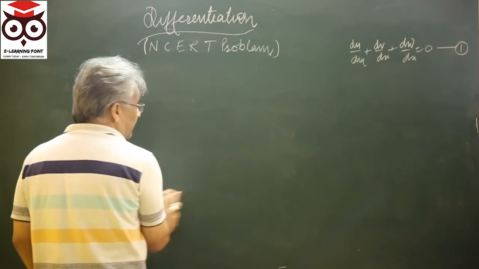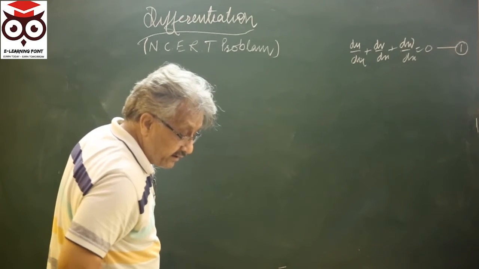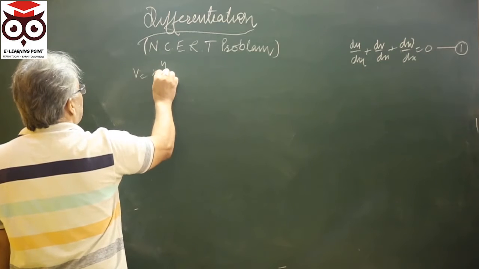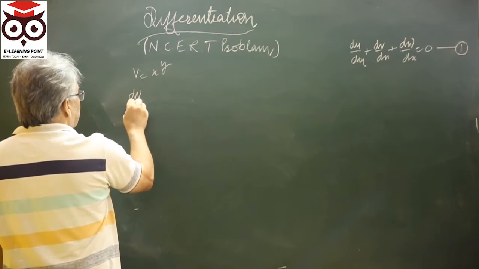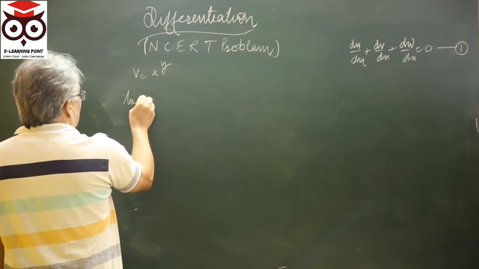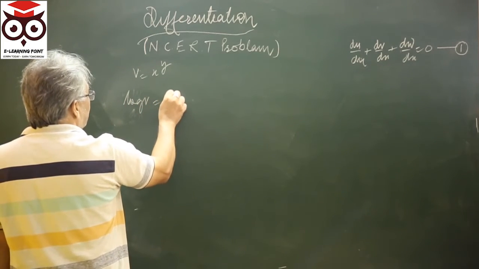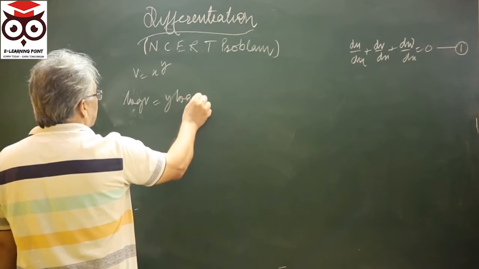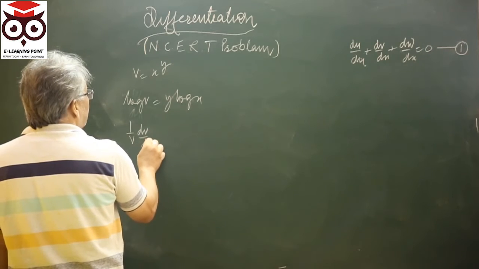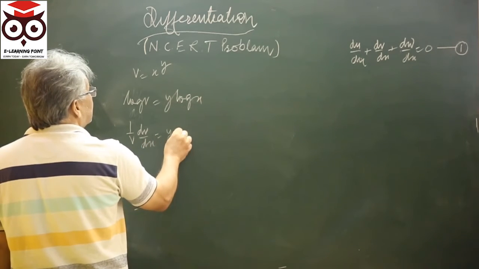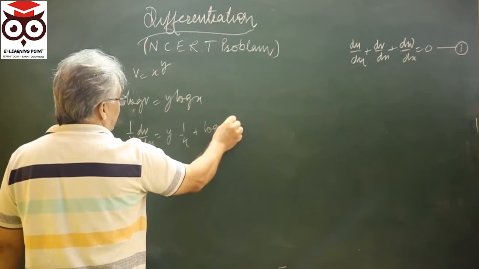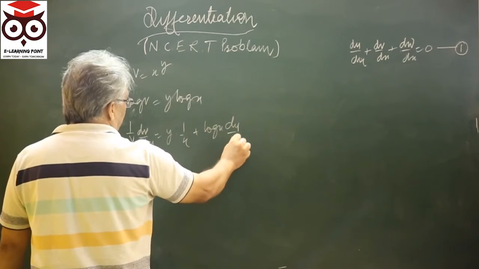अब आप इसमें क्या करेंगे, नेक्स्ट पार्ट करेंगे x to the power y. So v is equal to x to the power y. So we can say this is dv by, log लेंगे पहले इसका, log v is equal to y log x. So this is 1 by v, this is dv by dx, first function as it is. Second का differentiation, फिर second function as it is, dy by dx.